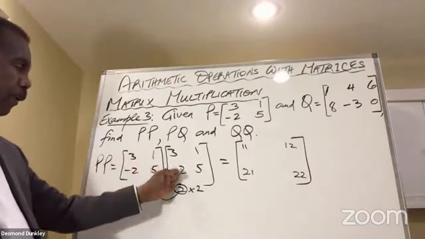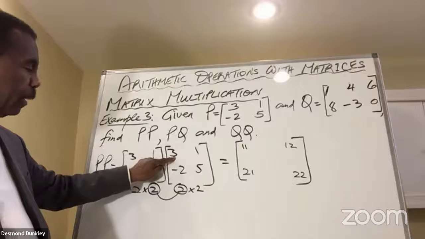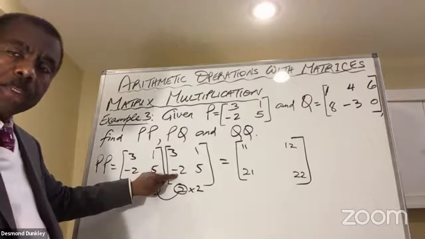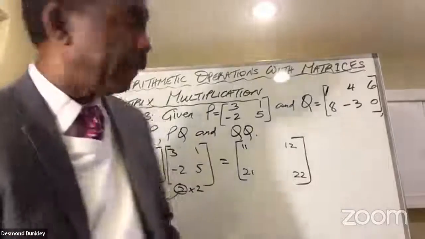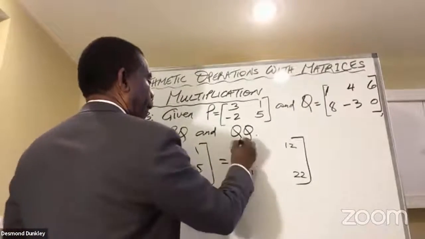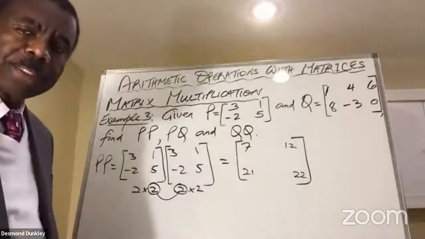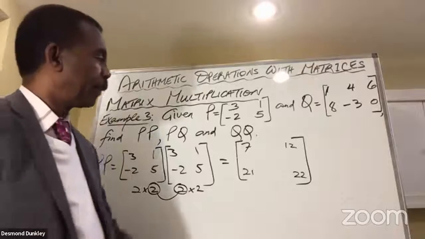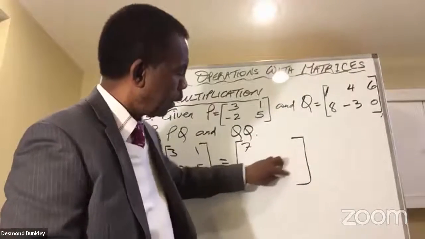First row, first column. 3 times 3, 9. 1 times negative 2, negative 2. 9 take away 2, 7. I promise you, if you roll it out, you will get the same answer. Remove these so that they don't create any confusion.